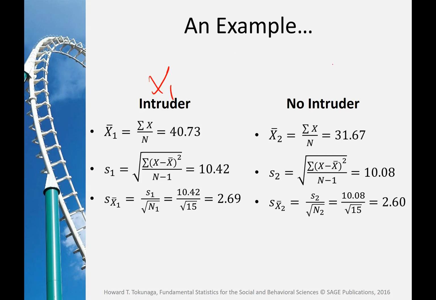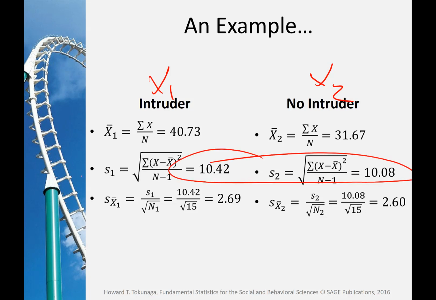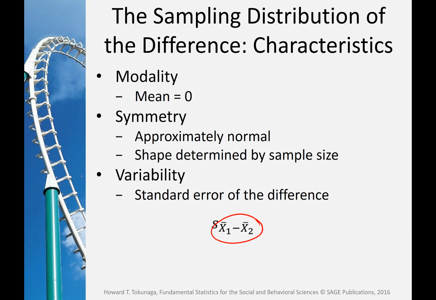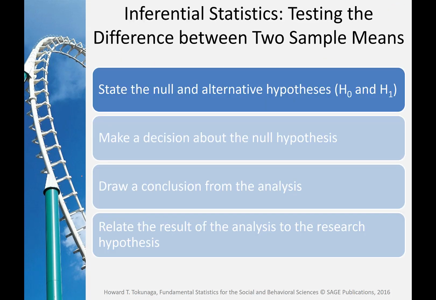Here's x1 and x2. We're going to have to compute a standard error that reflects that we're actually drawing from two different samples that have different variances. So that'll get interesting in a little bit.